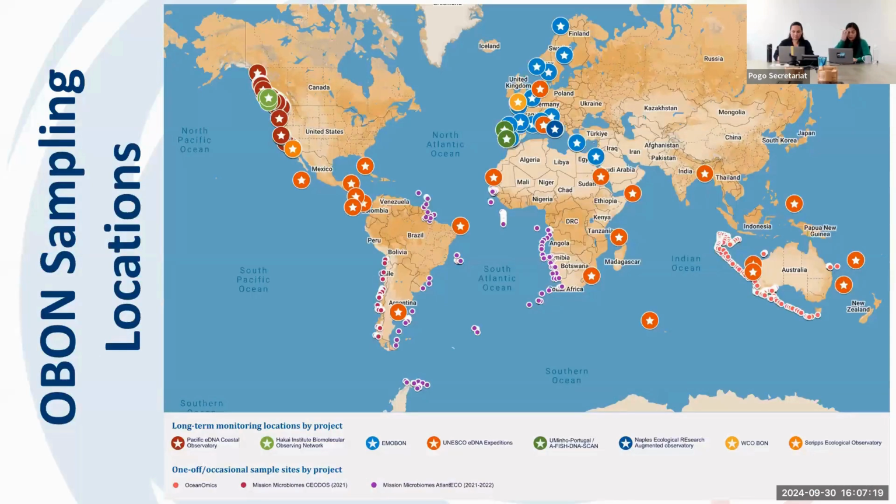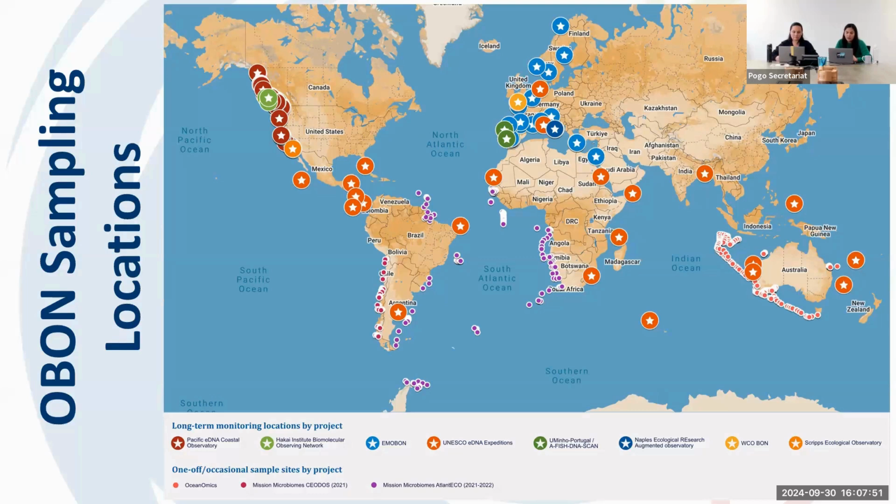So this is a map of the sampling locations where the OBON projects are making biomolecular observations. Most of these are fixed time series stations, but there are also some one-off sampling sites in there as well. We're gradually expanding our coverage, although we still are very much focused on coastal observatories at the moment.